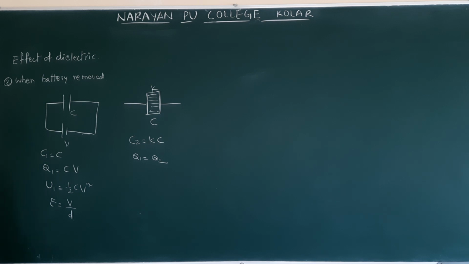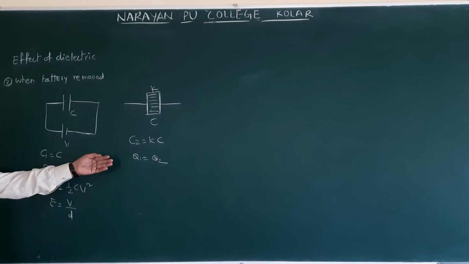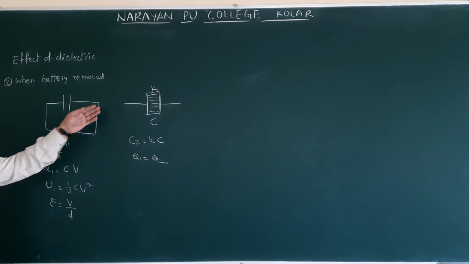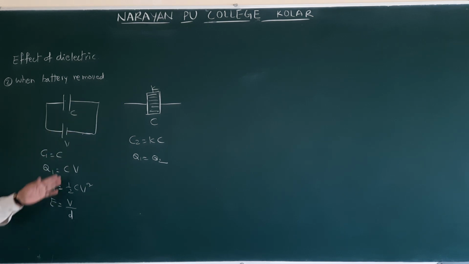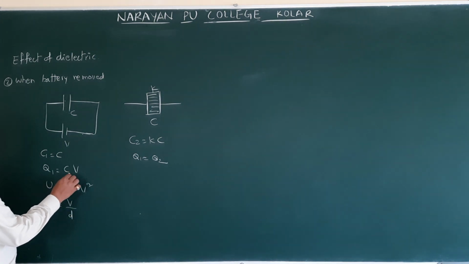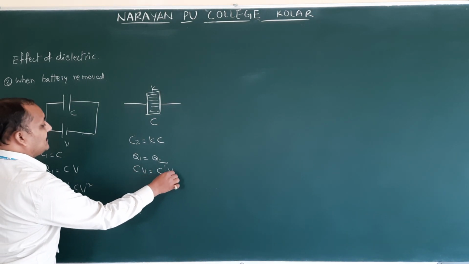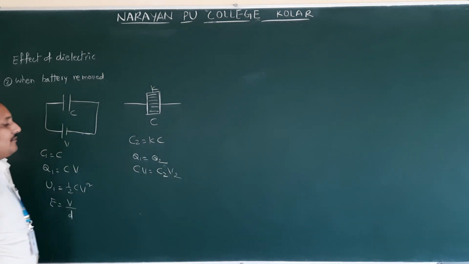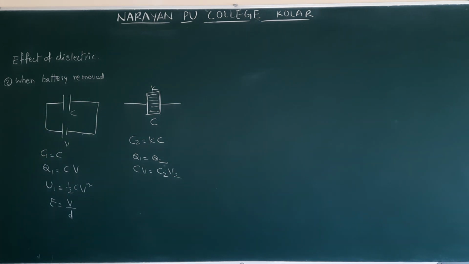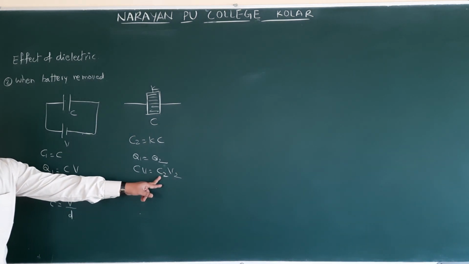Whenever the battery is connected, the potential remains the same. Whenever the battery is removed, the charge remains the same. Then Q1 is equal to Q2. Initially it is CV, and finally also CV, that is C dash V dash, or C2 V2. Understood?